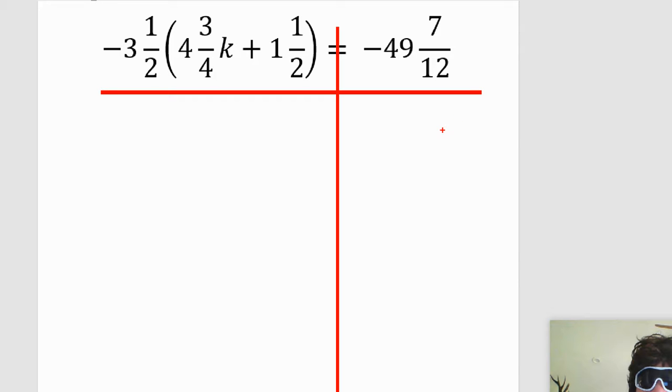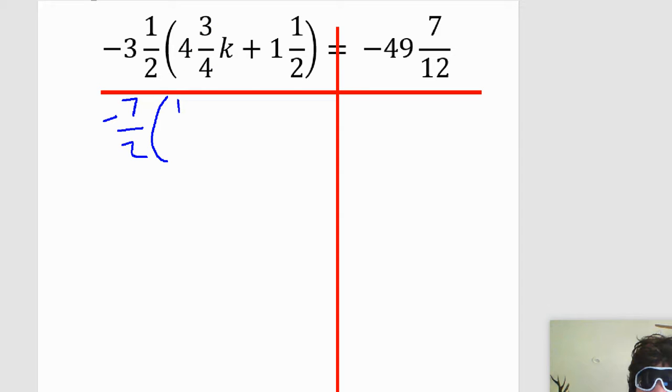Next thing we're going to need to do, we're going to change all of our mixed numbers into impropers. So we're going to do, if you remember, 3 times 2 plus 1. And then your denominator stays the same. So it's still 2. And that negative is still going to be there. So that would be negative 7 halves, parentheses. 4 times 4 is 16.